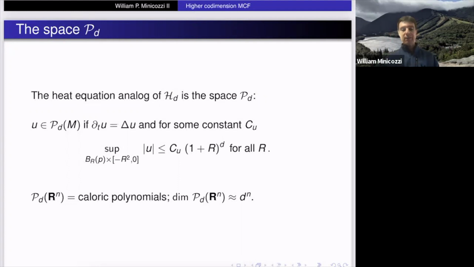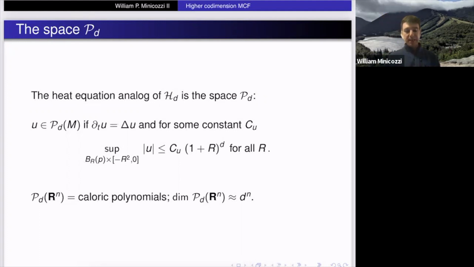The right thing turns out to be being ancient. The philosophy here is that the heat equation is smoothing. The longer you run it, the more it smooths. If you run it infinitely long, it smooths infinitely. So if you want some kind of rigidity, like a Liouville theorem, you're going to want to run the heat equation all the way back to minus infinity. Okay, so this is the philosophy.